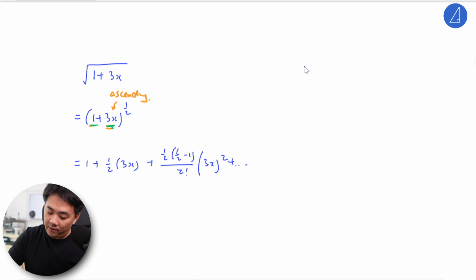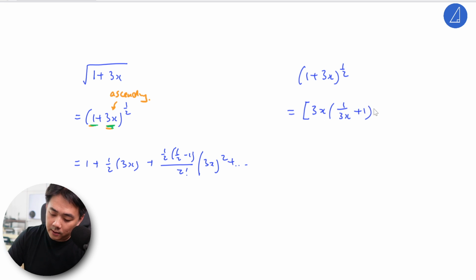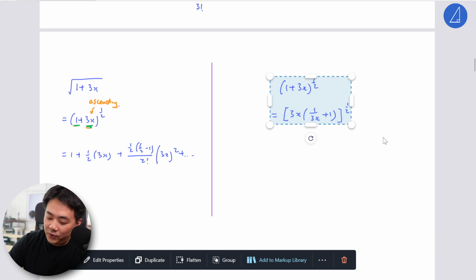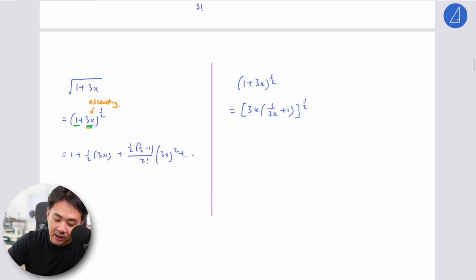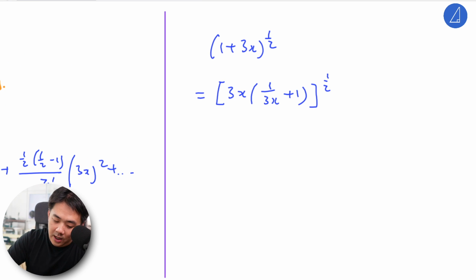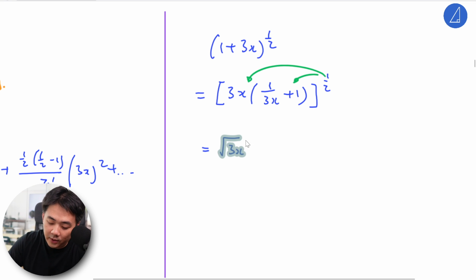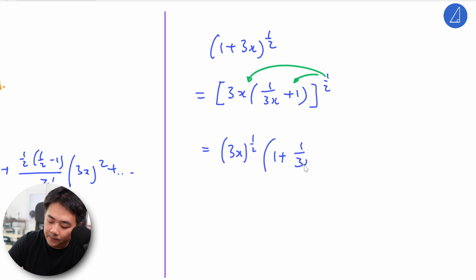In this case, if I have 1 plus 3x to the power half, I just factorize the 3x out, so this will be 3x to the power half, then I put this as 1 over 3x plus 1, to the power half. Then I can just flip it to this form.